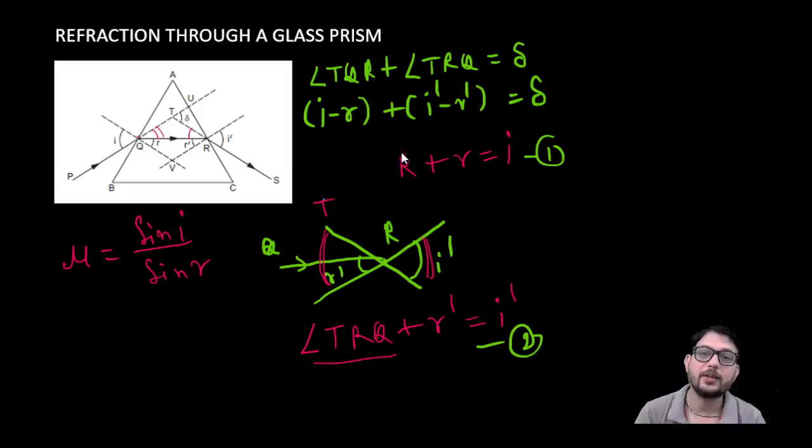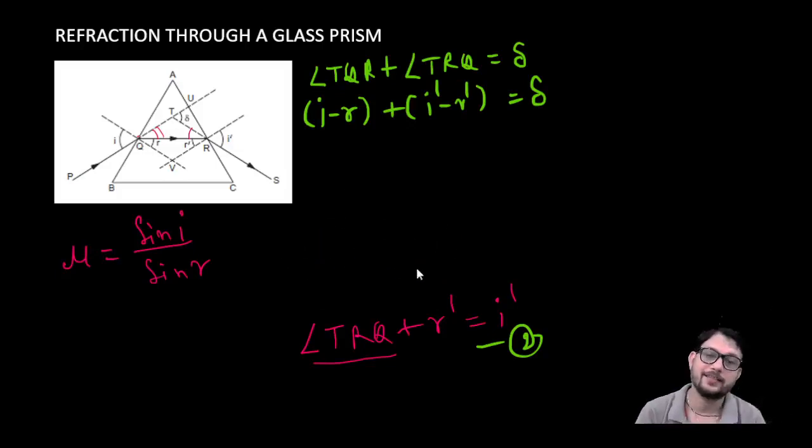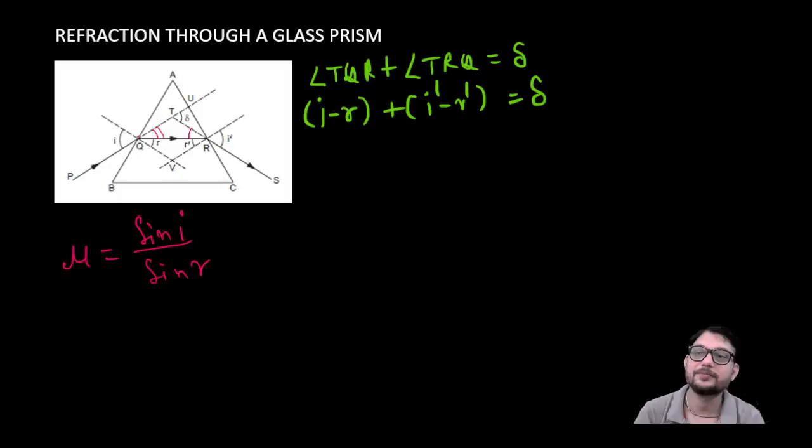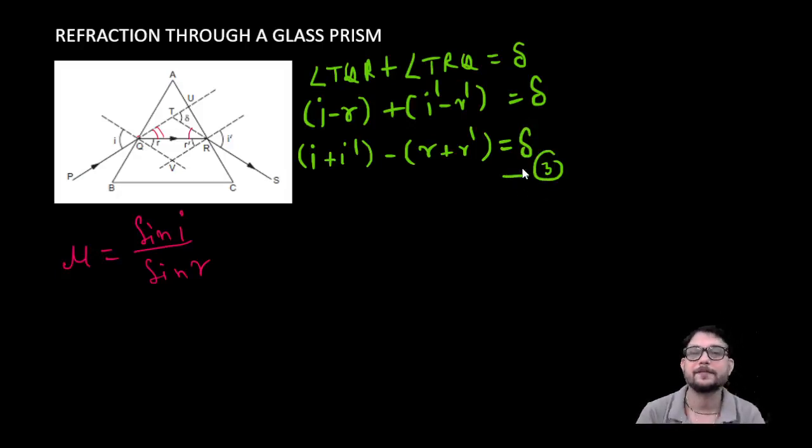This is now clear to all of you, and I have already told you that we have to calculate the value of i and r so that we can put them in Snell's law, which is written here. Now we can rearrange it and write that this is i plus i dash, minus r plus r dash, and that will be delta. Let this be equation number 3.